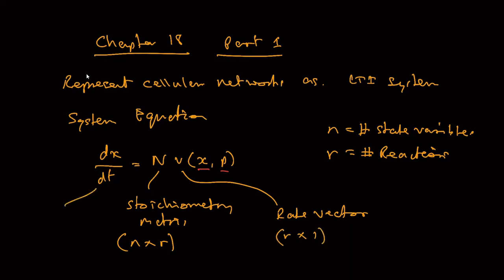If you multiply these two together, the size of dx by dt is obviously n by 1.